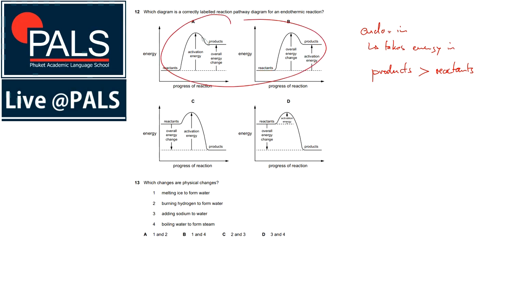So we have 2 options, A or B, and the difference here is the energies. The overall energy change of the reaction is the difference of energy between reactants and products. So from comparing the start to the end is the overall change.